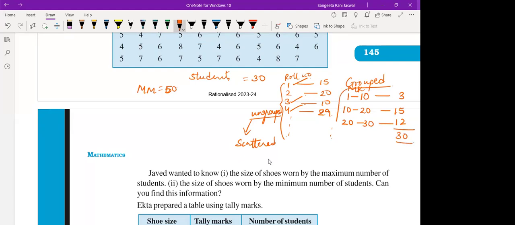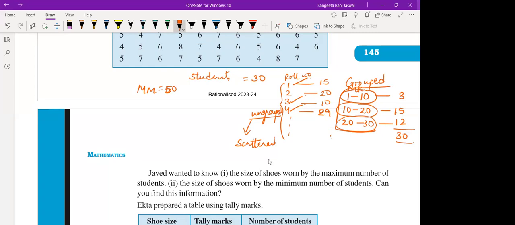Now this is how I have grouped the data. This is the grouping. First group is from 1 to 10. Second group is 10 to 20 marks. Third group is 20 to 30 marks. I have done the grouping of the data. Are you understanding this? Yes, ma'am.